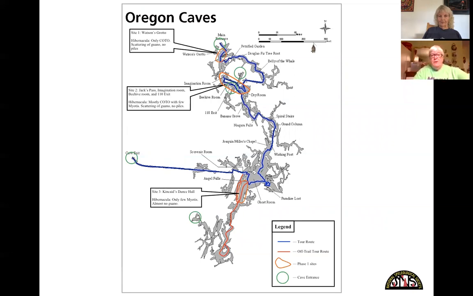Now we have 3 sites identified in the cave, and these are picked because these are areas where bats normally hibernate. So if they are carrying the white nose fungus, you'd expect to find it there.